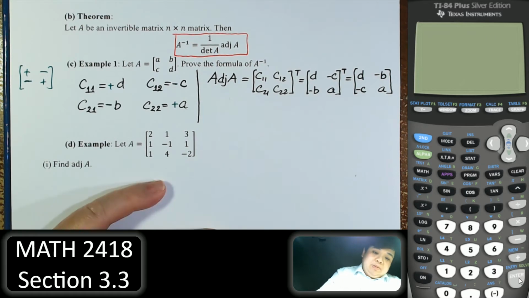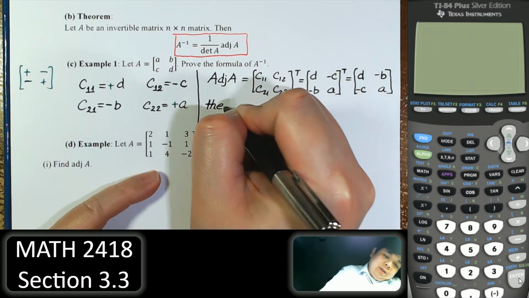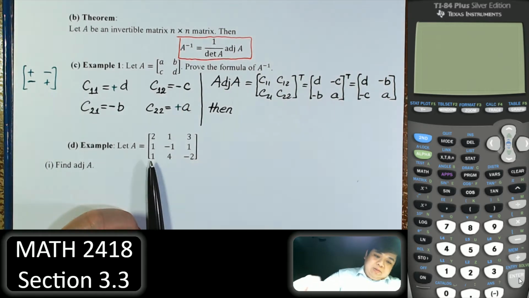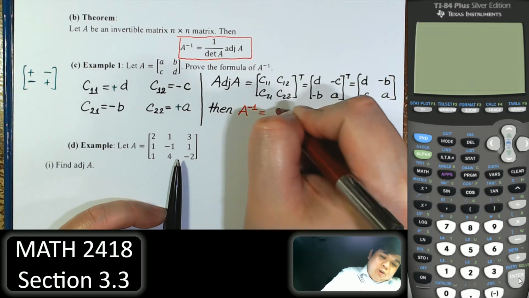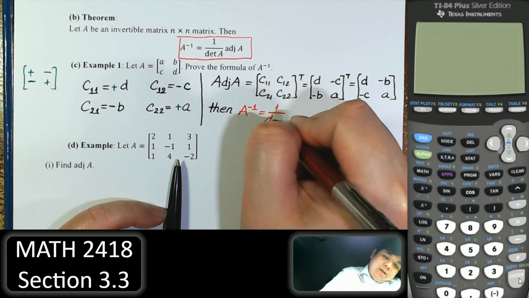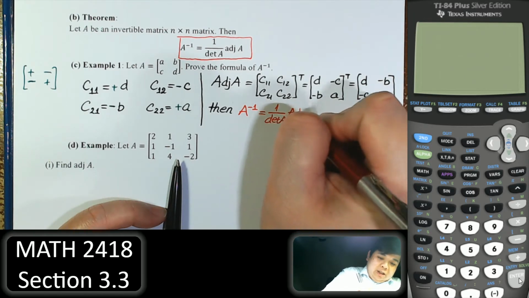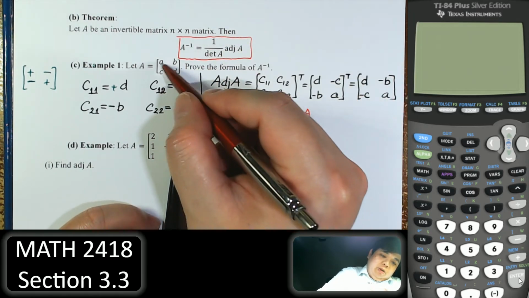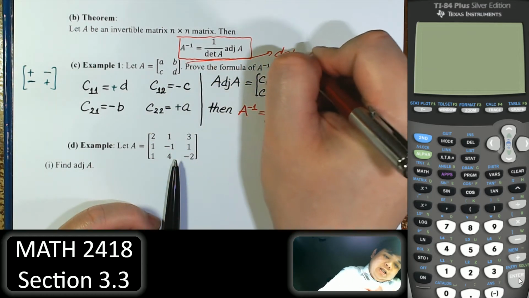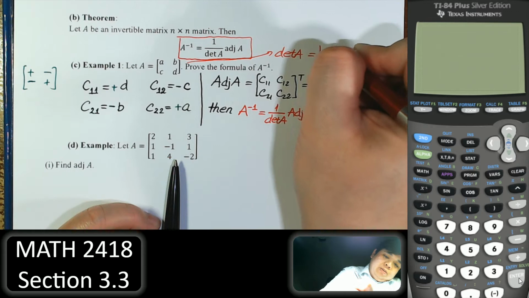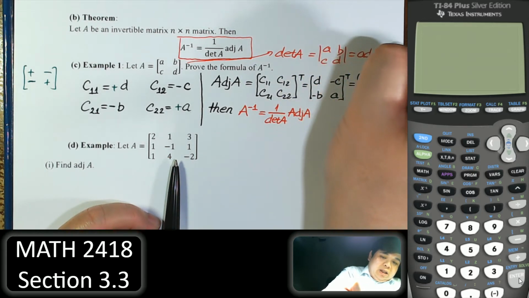And finally, according to the theorem, A inverse is equal to 1 over the determinant of A times the adjugate of A. For that matrix, the determinant of A is equal to AD minus BC.